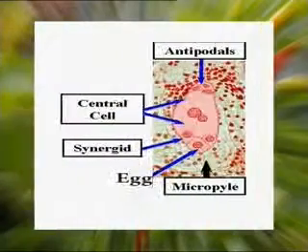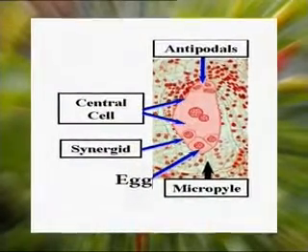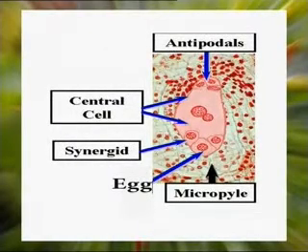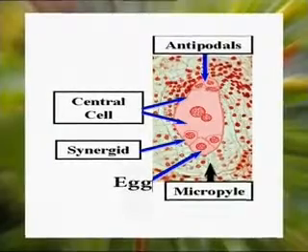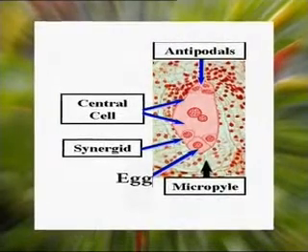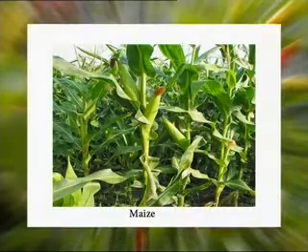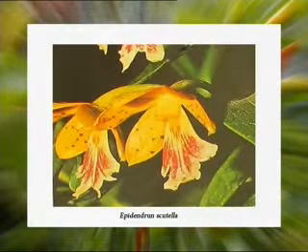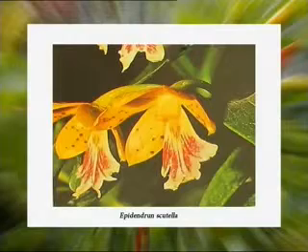As the egg matures, its polarity is established. The entire cytoplasm of the egg cell lies at the chalazal end, whereas the micropylar end is occupied by a large vacuole. In Zea mays and Epidendrum, however, the cytoplasm is evenly distributed throughout the cell.